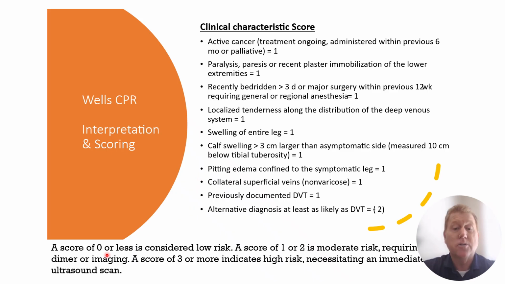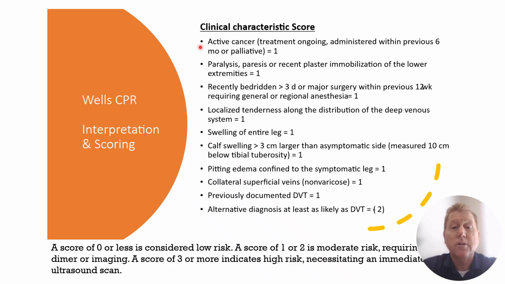So if you're seeing a score of 0 or less, they're low risk. 1 to 2 is moderate, requiring a D-dimer test or imaging, typically an ultrasound, and a score of 3 or more indicates a high risk, necessitating an immediate ultrasound scan. This is the person that you would send on down to the emergency room or the local ultrasound screening place that day. So I need you to get this taken care of.